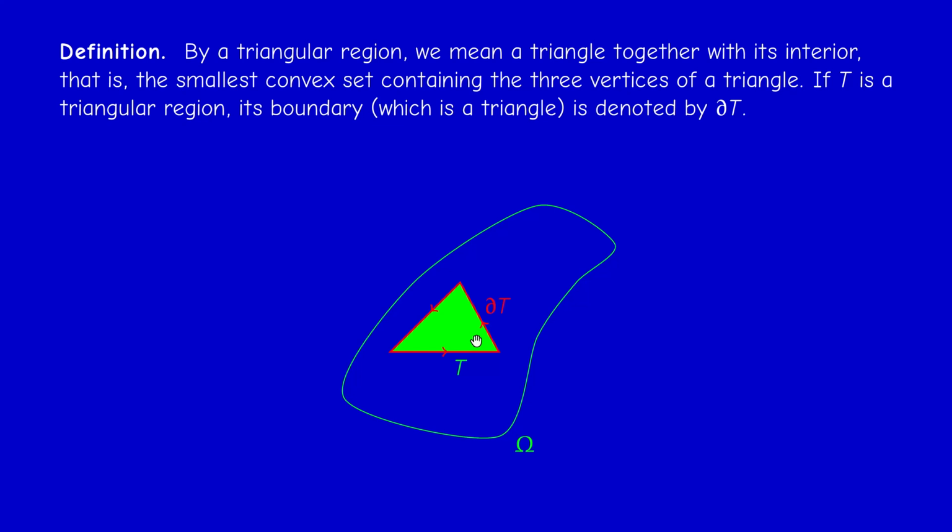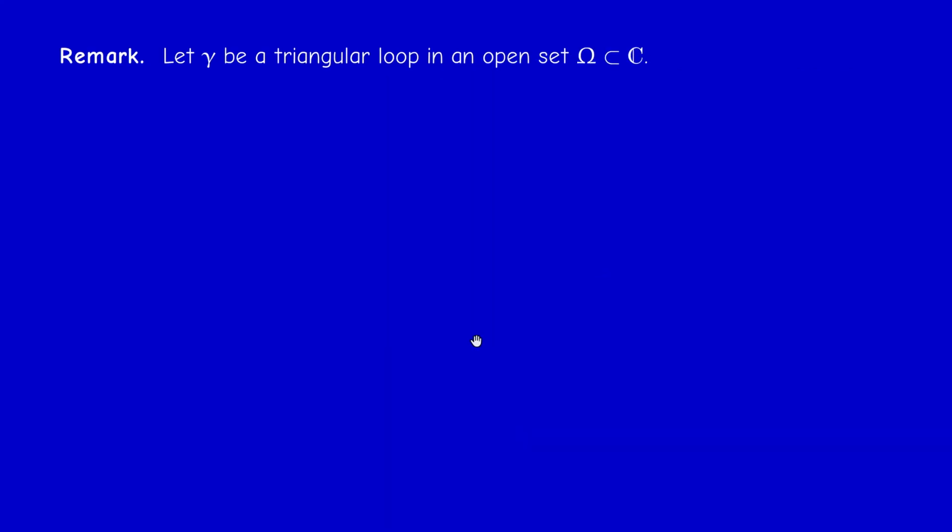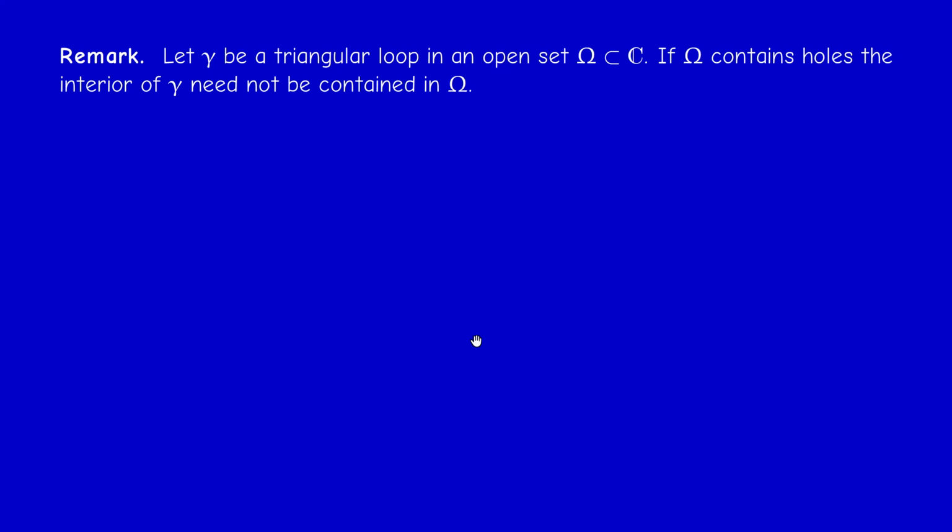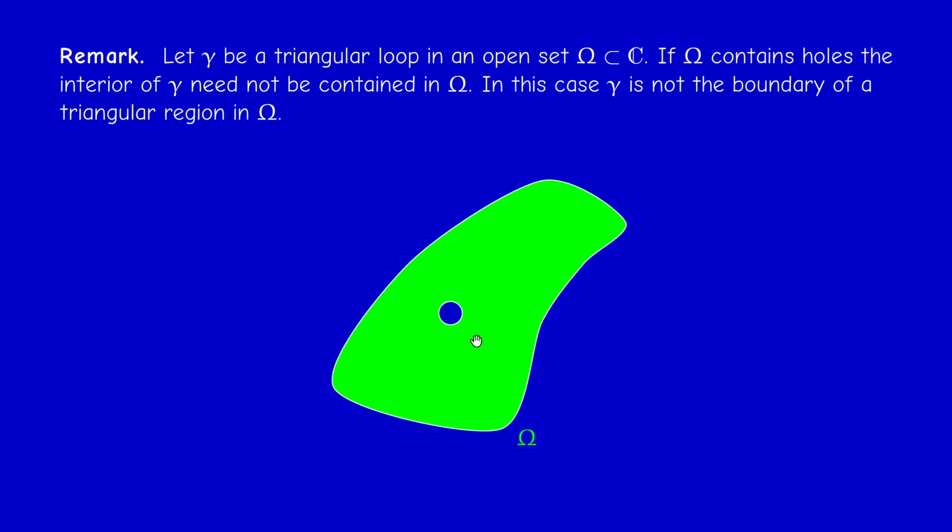So if gamma is a triangle loop, or just a triangle if you like, but when we say loop it means it's oriented, inside an open set omega, and if omega contains holes, the interior of the loop need not be in omega.